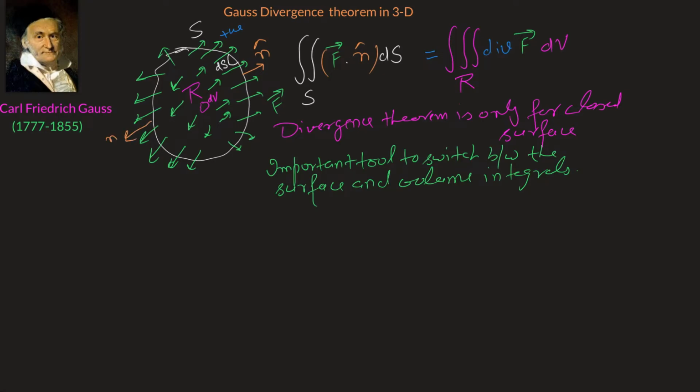Again the normal and the vector field are both in the same direction, so cos of 0 will again be 1, and this will again be positive.